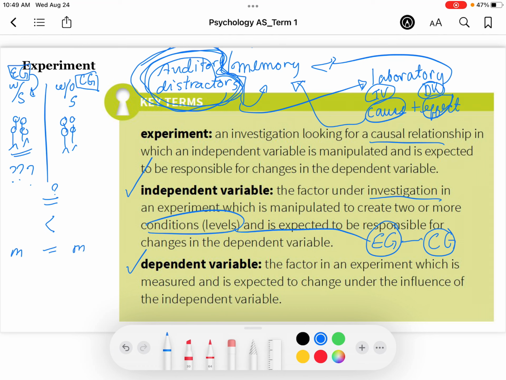In fact, we are measuring their mean difference. All right? Is it the same? If it's the same, then no effect. If there's a big difference, then there is an effect. If there's a significant difference, but we let statistics decide whether it is enough difference or not. We'll go through that another time.